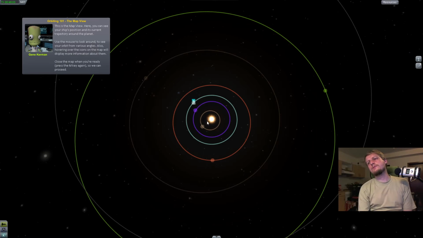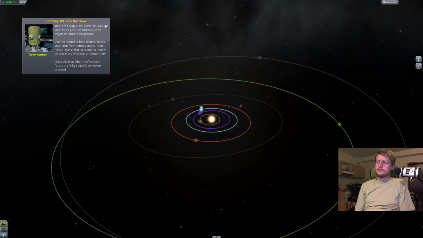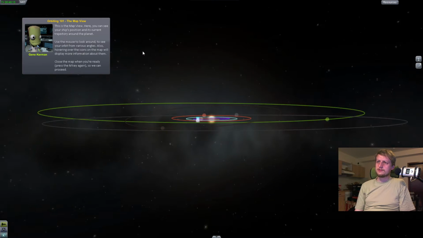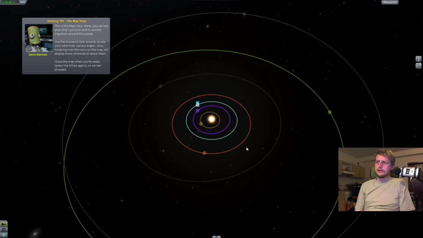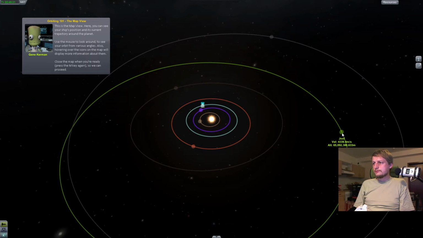Dres might be one of the smaller bodies, actually the planetoids, like Ceres. Do I know any other? Except for Ceres. There's an asteroid belt actually here, which is kind of like another planet, and it has some big ones.